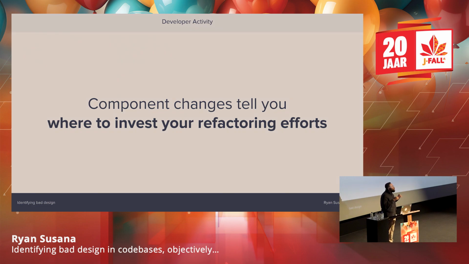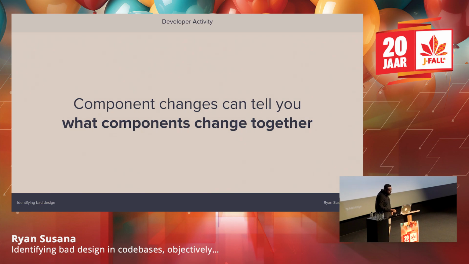If that code is poorly designed and it's wasting everyone's time, that's probably the best place to put your refactoring efforts into. Another thing that looking at component changes will tell you is how often two or more components change together. So it's another way of viewing coupling, actually.